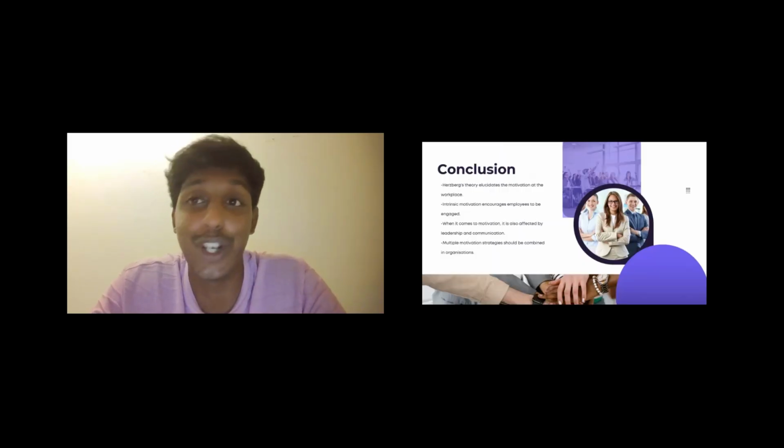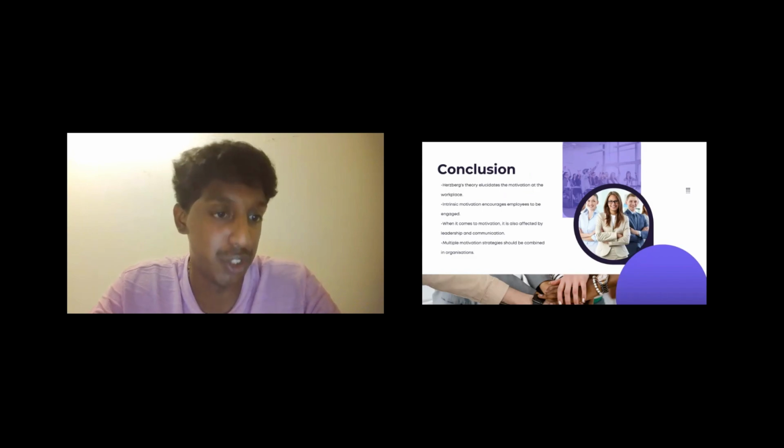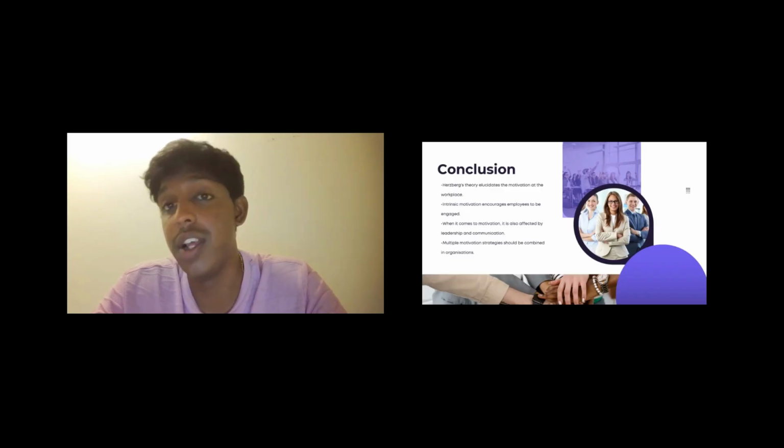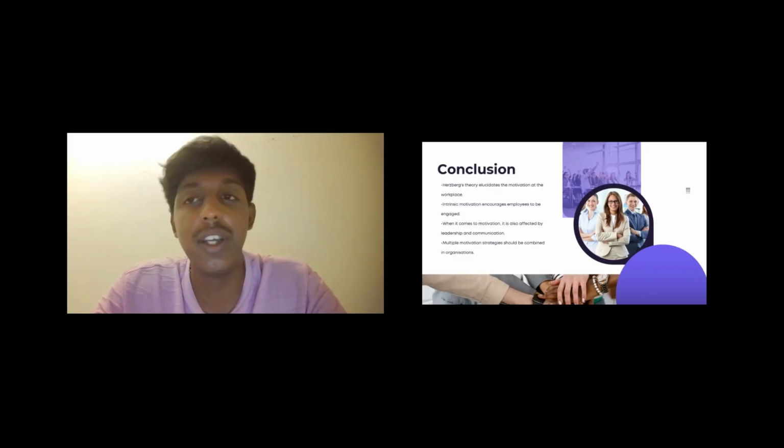To conclude, Herzberg's theory provides a useful framework for understanding workplace motivation. It shows that while salary and working conditions are important, they are not enough to motivate employees in the long term.